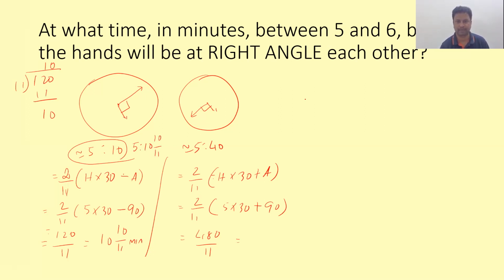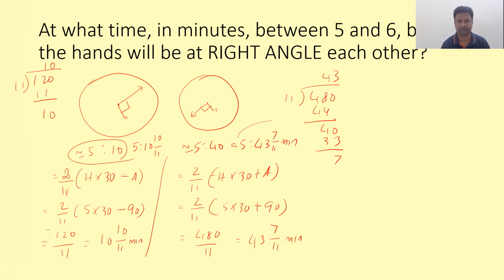Here, 480 divided by 11, 4 times 44, remainder 40, 3 times 33, remainder 7. So I can say 43 7 by 11 minutes. It is not exactly 5 40, it is actually exactly 5 hours 43 7 by 11 minutes. So these are the answers.